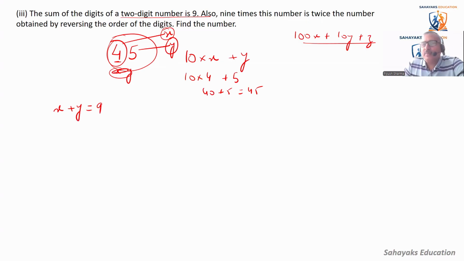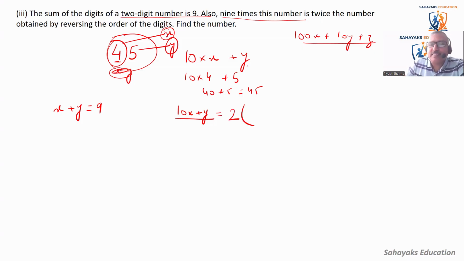9 times this number is twice the number obtained by reversing the order of the digits. So first of all, what is this number? 10x plus y is the number. They're saying 9 times the number is twice the number obtained by reversing the digits.